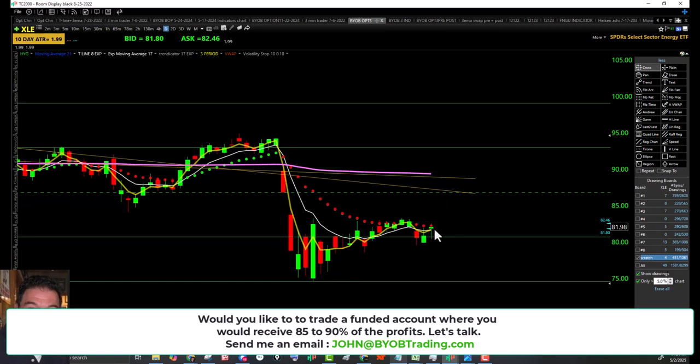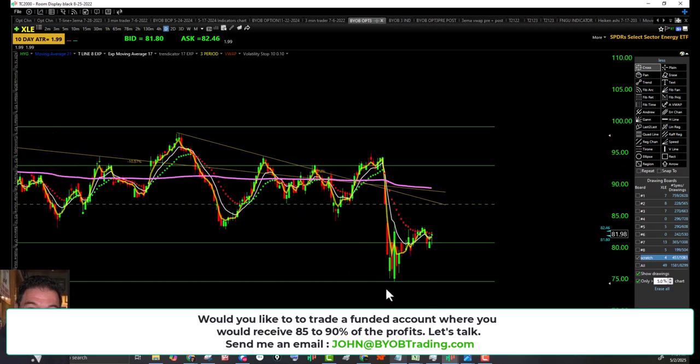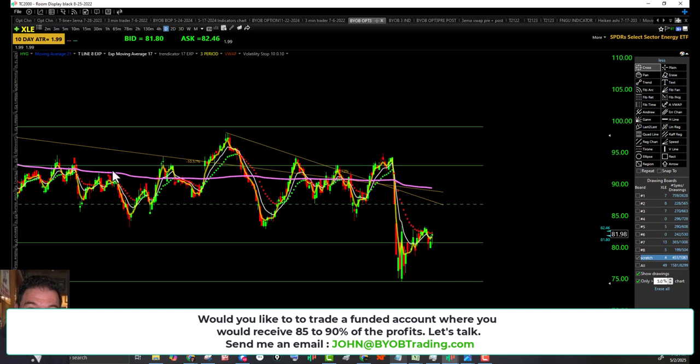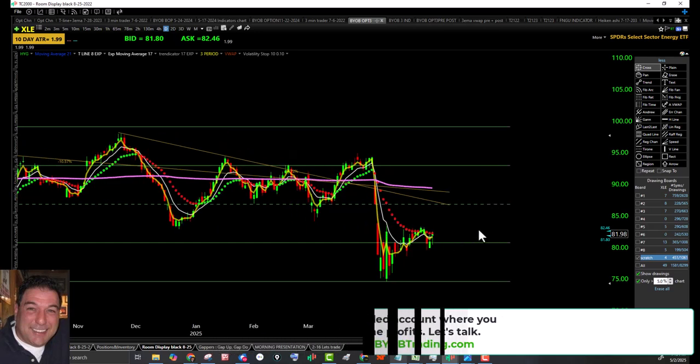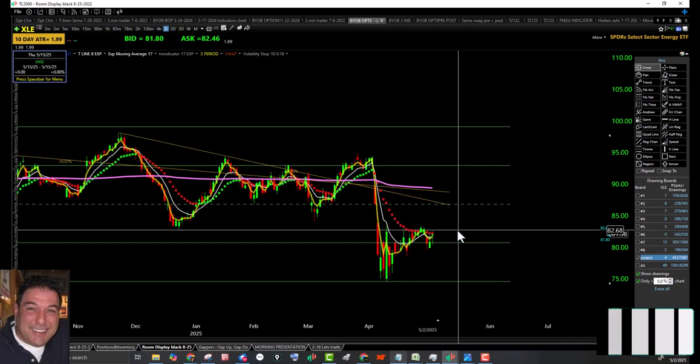But XLE currently bearish, currently in a downtrend. Okay, price action, you can see we're still stuck underneath the all-time high anchored VWAP. That's a pink line. Underneath downtrend line 1, downtrend line 2, and the midpoint, and the all-time high anchored VWAP in the lower third. Still bearish down here.